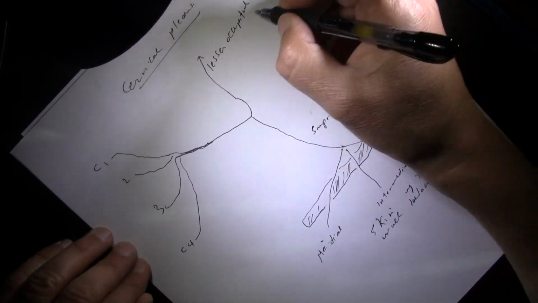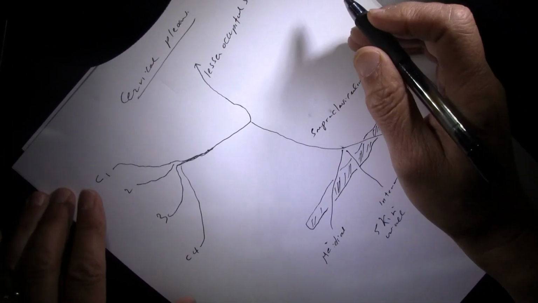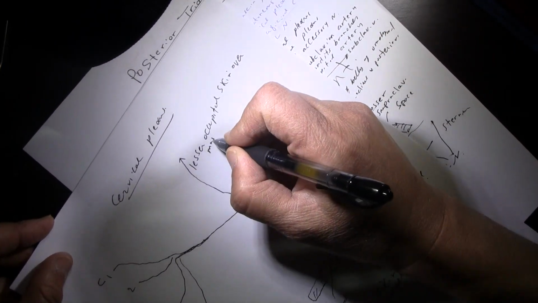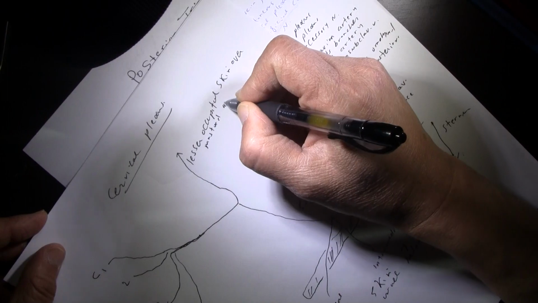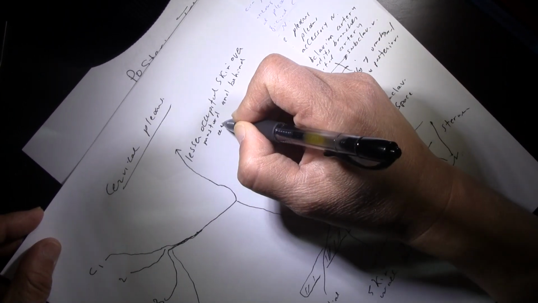The lesser occipital is going to supply skin over the mastoid process and behind the auricle.